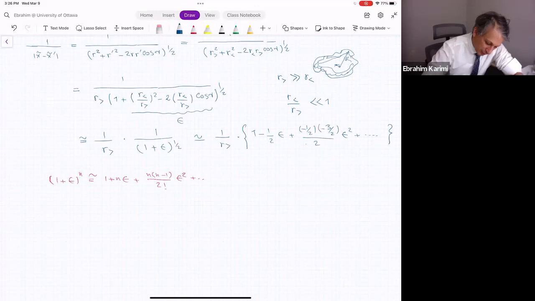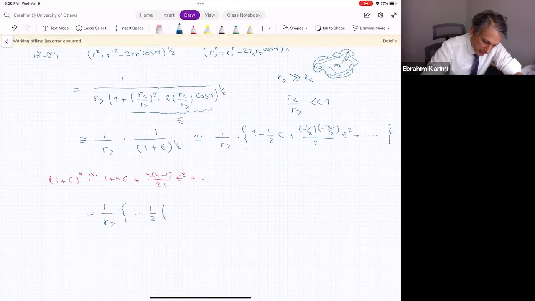Okay, so that is now 1 divided by R greater, 1 minus 1/2 of epsilon, where epsilon is R smaller divided by R larger to the power of 2, minus 2 R smaller divided by R larger cosine of gamma. That's the epsilon.